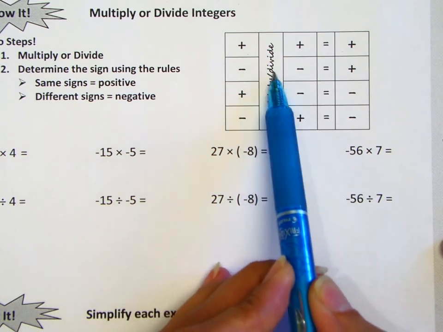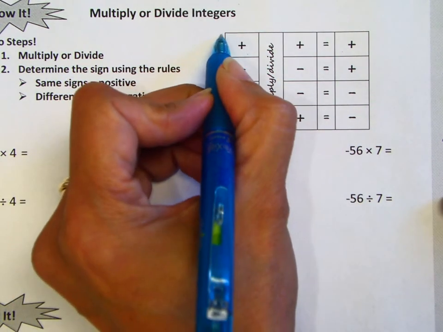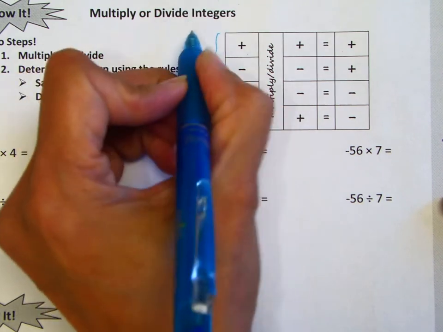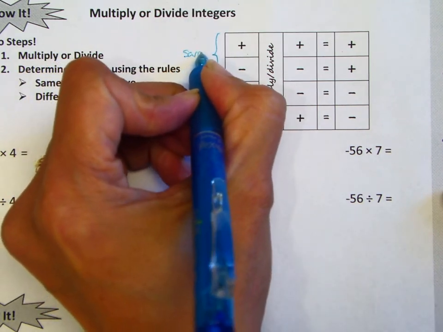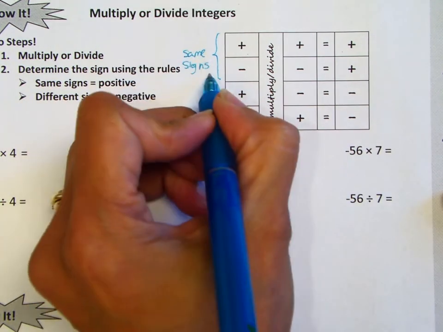A negative times a negative is a positive. Remember, same signs gives you a positive answer. Same signs, positive.